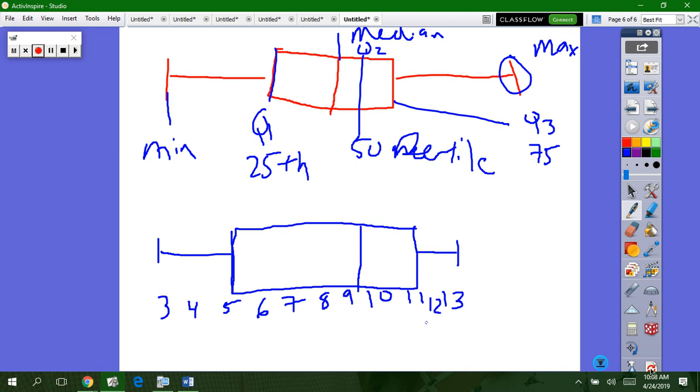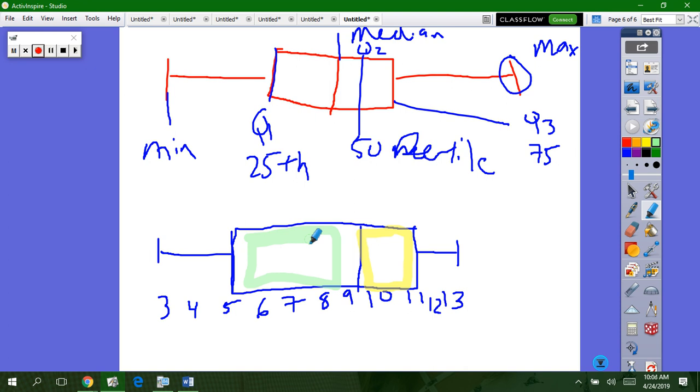Okay, so let's read what some of this means, though. Look at how small this section is compared to this section. They're both 25% of the data, aren't they? Because quartile 1 to quartile 2, which is the median, that's 25% of the data.